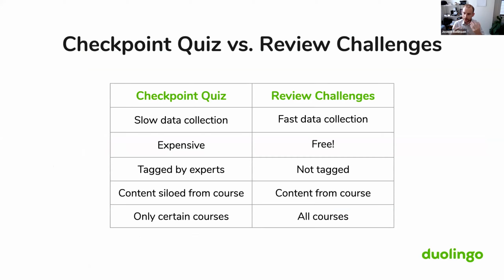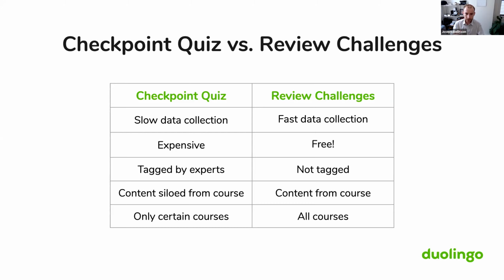To give you an idea of the similarities and differences between the checkpoint quiz and review challenges, they both kind of fit a different niche, in that the checkpoint quiz takes a little longer to collect data. It's a lot more expensive for us to create because we have to make all of these items. However, it's also tagged by experts. All of these items are heavily tagged and looked at to make sure that they're measuring exactly what we care about.